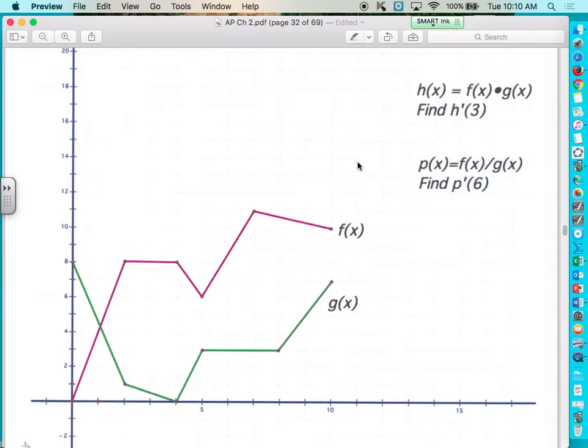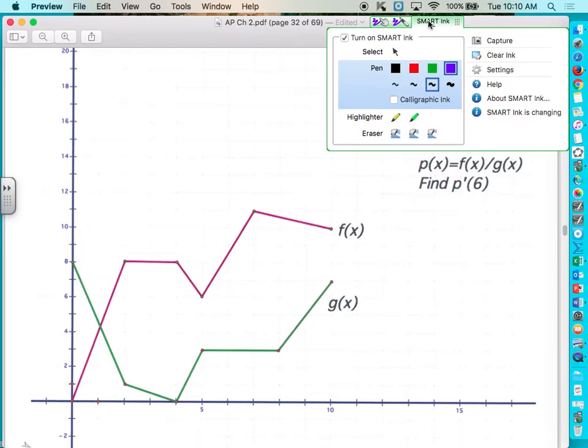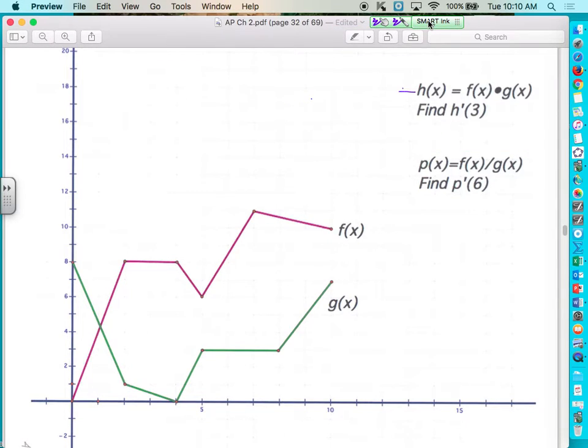So the first one here, they said h of x is equal to f of x times g of x. So if I want the derivative of h, I need to do the product rule. So it's going to be the first function of x times the derivative of the second, which is g prime, plus the second function, g of x, times the derivative of the first function, f prime of x.